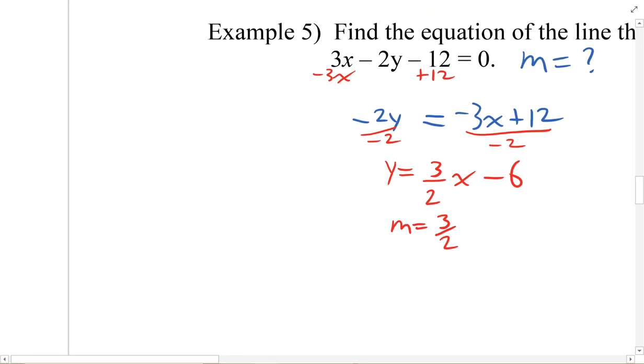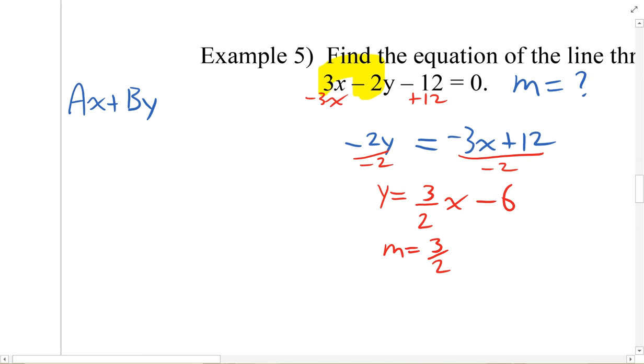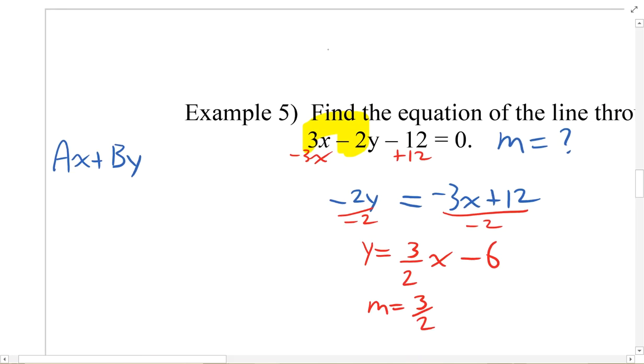That's from the line that's perpendicular. So let's just look at one thing. What numbers gave us our slope? Kind of these two, right? The one in front of x and the one in front of y. So if we have ax plus by, those numbers kind of gave us our slope. But these numbers are 3 and -2. That's not our slope, is it?